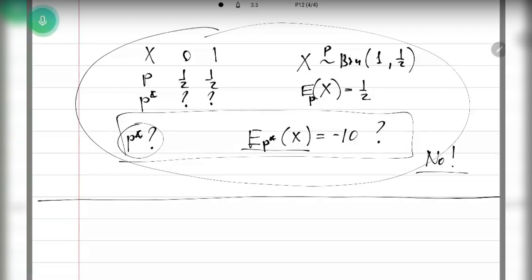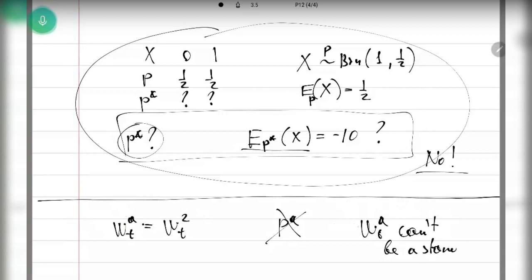That's okay? For example, if I consider a slight modification, let's consider WTA that is equal to WT squared, then obviously you can't create a probability measure PA such that WTA is a standard Wiener process under PA.